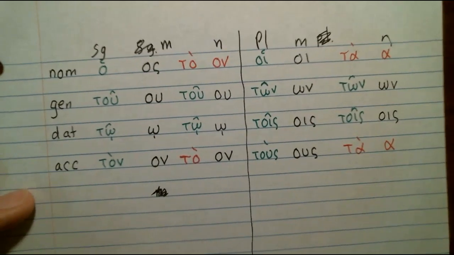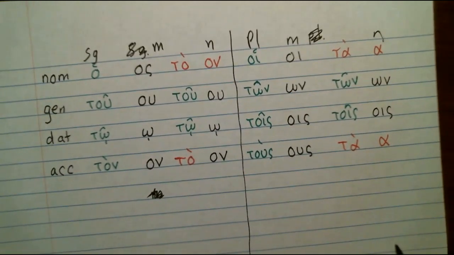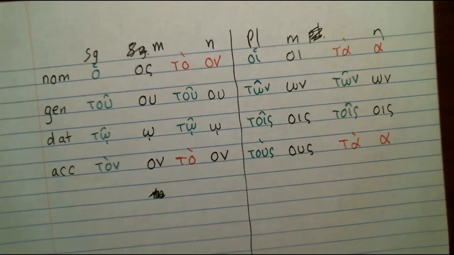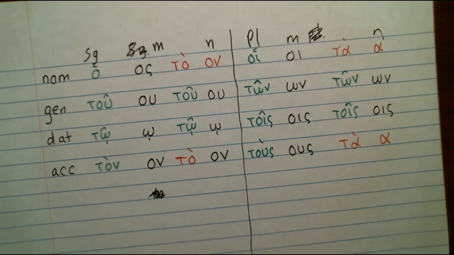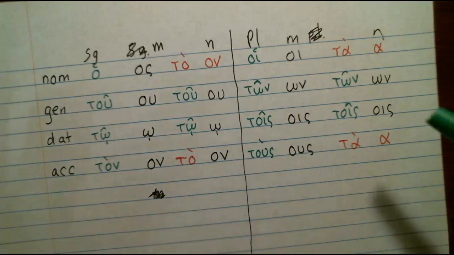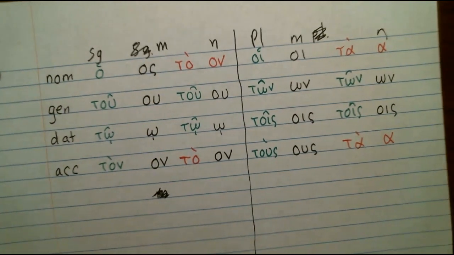Okay. So another way of thinking of this: a declension chart like this is an artifice. It's artificially made. It's just a learning tool, a way to learn the language. But another way you could think of this, and if this doesn't help you, just forget about it, is that the neuter and the masculine are indistinguishable from each other in the genitive and dative cases.